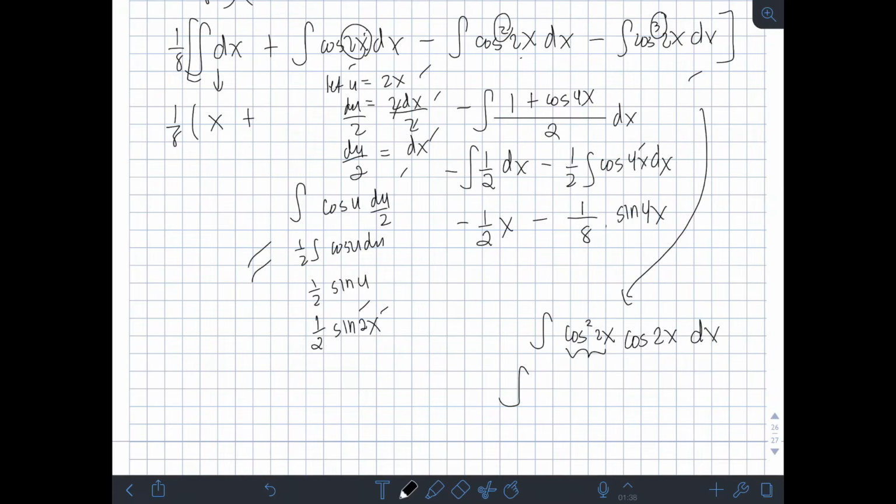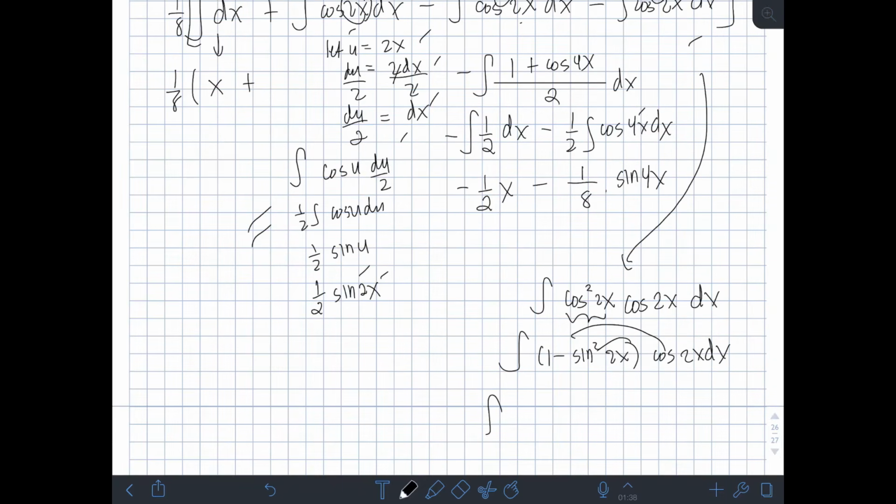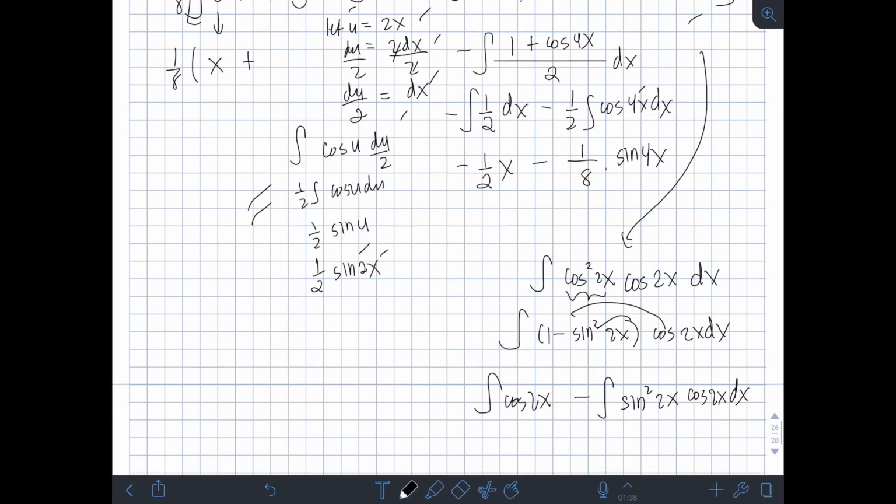Tapos, i-transform natin ito in terms of sine using Pythagorean relations. Yung 1 minus sine squared 2x times cosine 2x dx. Tapos, distribute integral ng cos 2x minus integral ng sine squared 2x cos 2x dx.